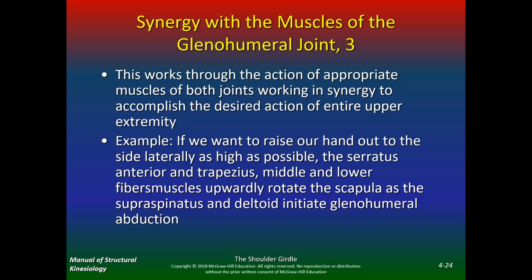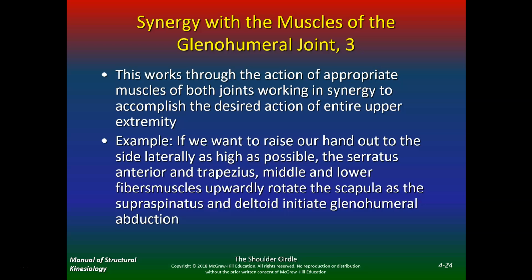This works through the action of appropriate muscles of joints working in synergy to accomplish the desired action of the entire upper extremity. Example: if you want to raise your hand out to the side laterally as high as possible, the serratus anterior and the middle and lower trapezius fibers upwardly rotate the scapula as the supraspinatus and deltoid initiate glenohumeral abduction.